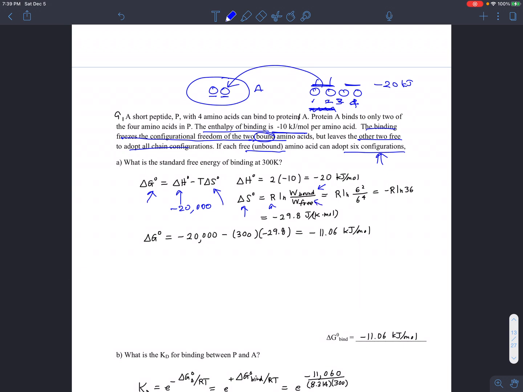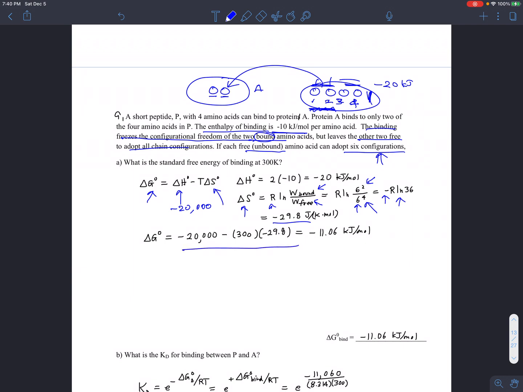Well, only 2 of the amino acids are free when it's bound, so that's 6 times 6, or 6 squared, for the 2 free amino acids. But it's 6 to the 4th when everything is free, when the whole molecule is free. And so this is 1 over 6 squared, which is minus R log 36, right? It's R log 1 over 36, which is minus R log 36. And R log 36 is minus 29.8.